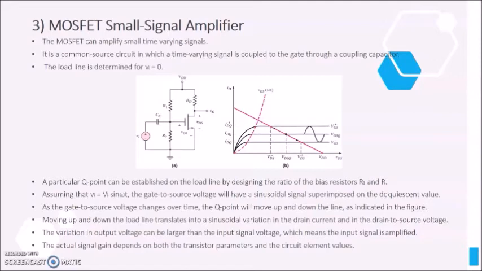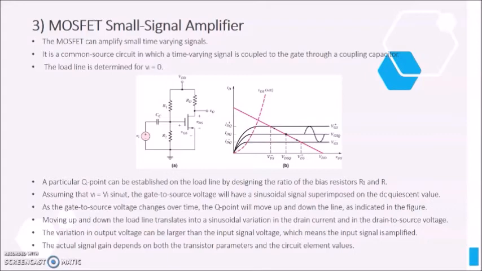A particular Q point can be established on the load line by designing the ratio of the bias resistors R1 and R2. Assuming that Vi equals Vi sin, the gate-to-source voltage will have a sinusoidal signal superimposed on the DC quiescent value. As the gate-to-source voltage changes over time, the Q point will move up and down the load line, as indicated in the figure.